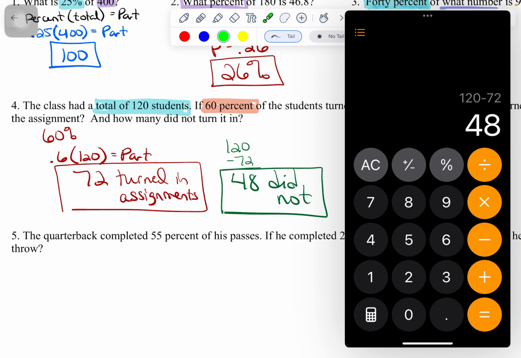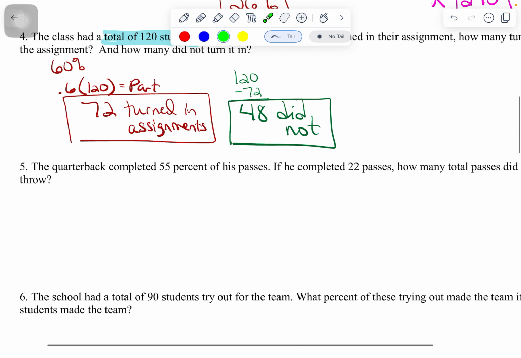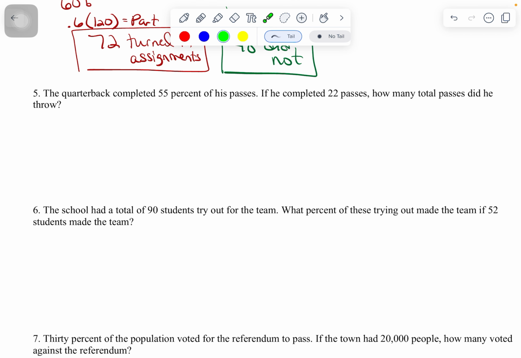Let me see if I can make the calculator kind of go off to the side there. There we go. All right. Problem number 5, the quarterback completed, what did he complete? 55% of his passes, and that's completed. If he completed 22 passes, how many total passes did he throw?